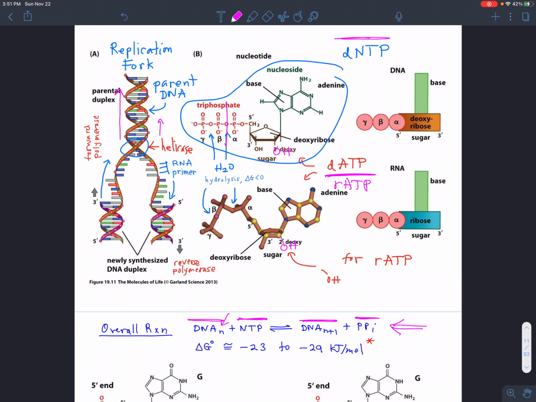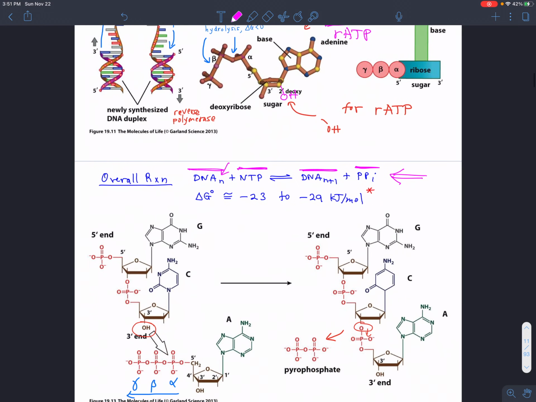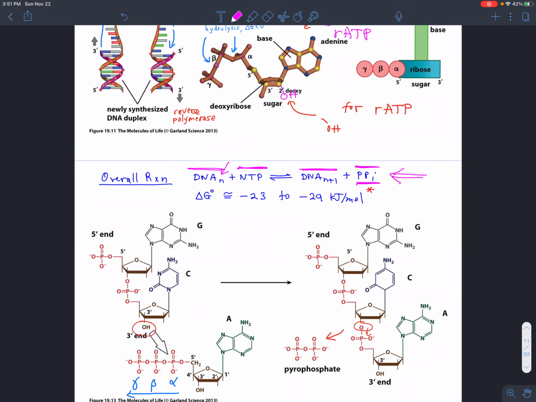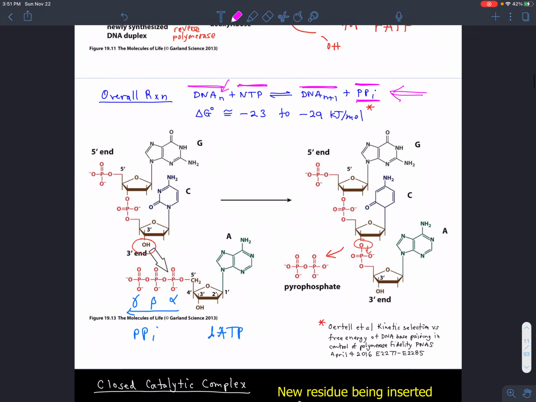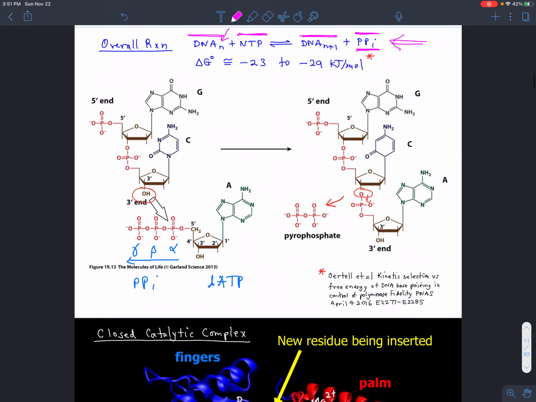It's always part of the DNA. And this diphosphate group is what gets ejected off. So that's what this PPi stands for. It's two phosphates together. Here's the reaction from a somewhat more structural diagrammatic point of view. At the end, here's the growing primer strand. This is the growing strand of the DNA. There's another strand over here. That's the template strand.